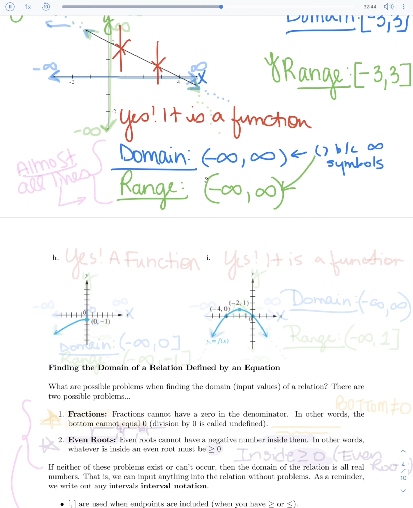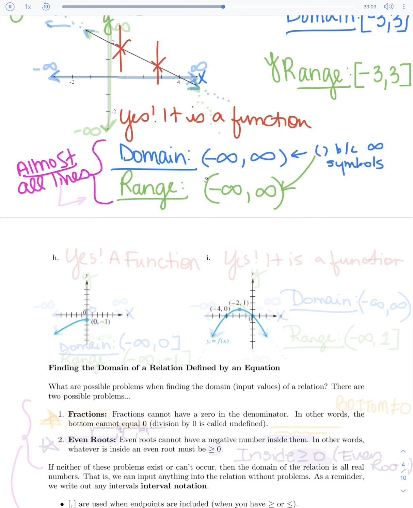So almost all lines will have a domain and a range of negative infinity to infinity. The reason I say almost is we have two special cases, our horizontal and our vertical lines.